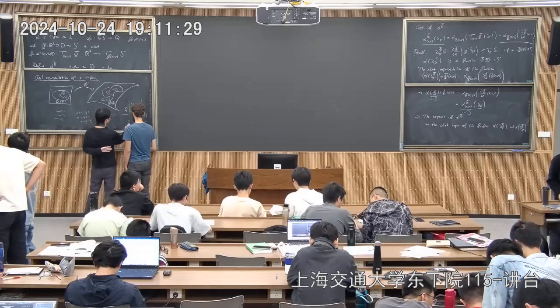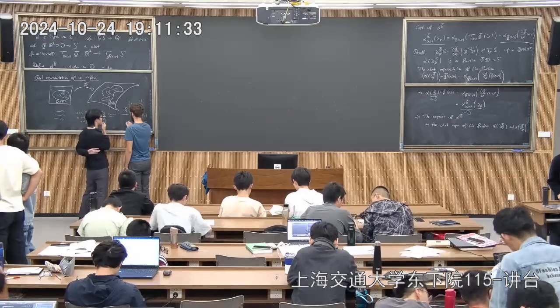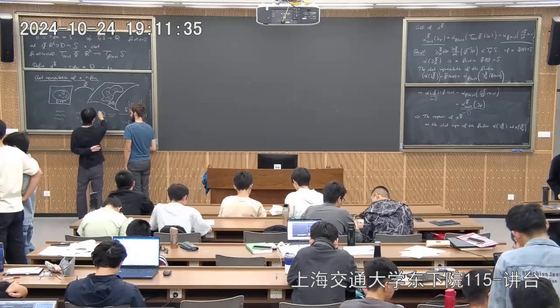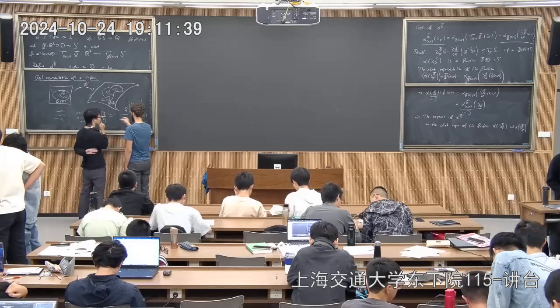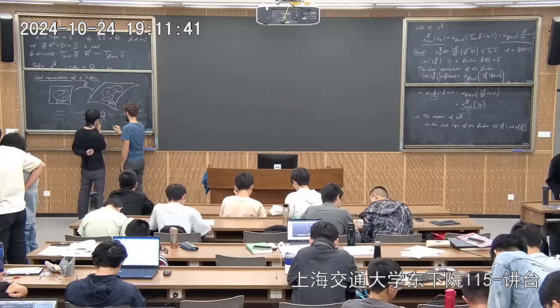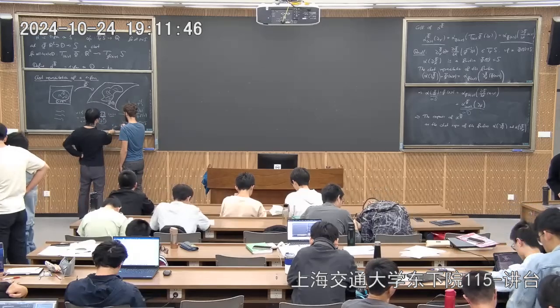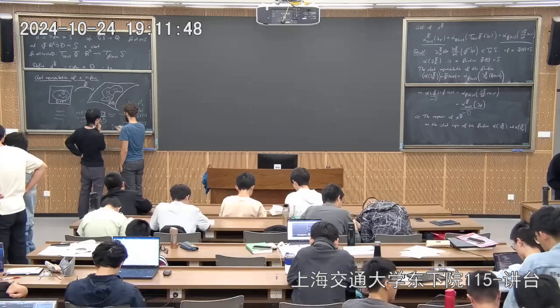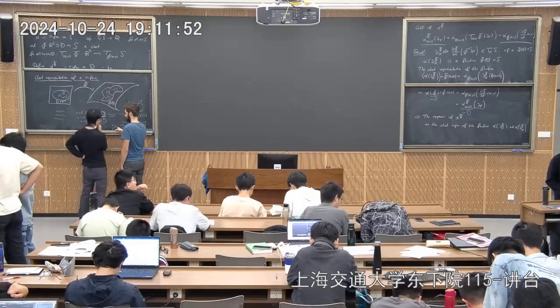We only use these to define the tangent space. But how to represent this one? This one was represented by the curve in X and Y. Yeah, we already use X and Y. So in order to find this, we need the chart.